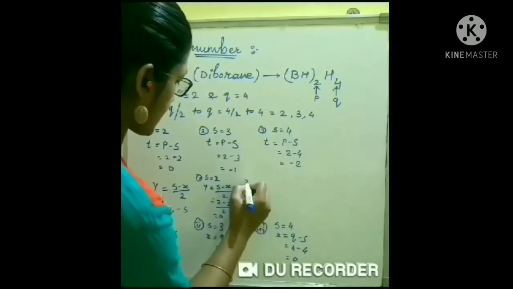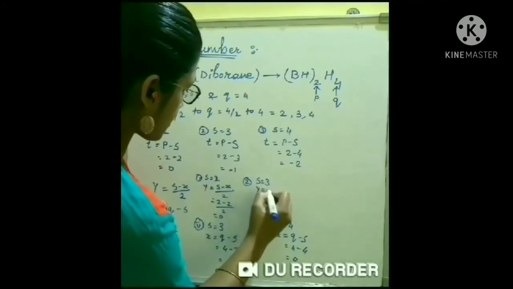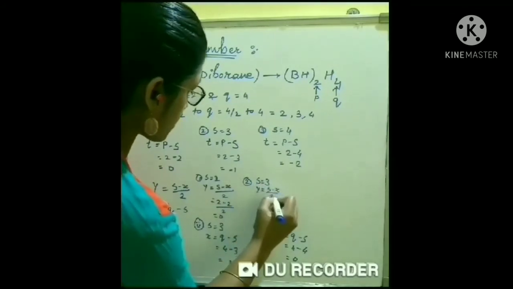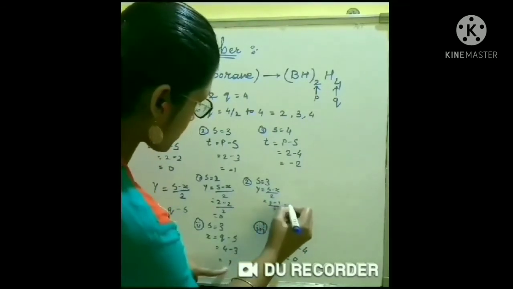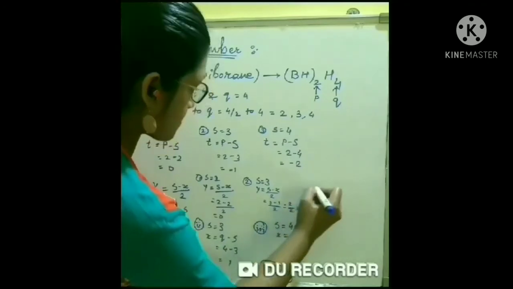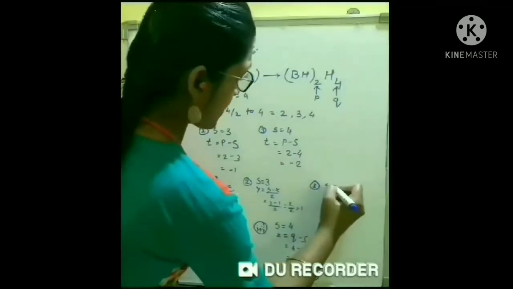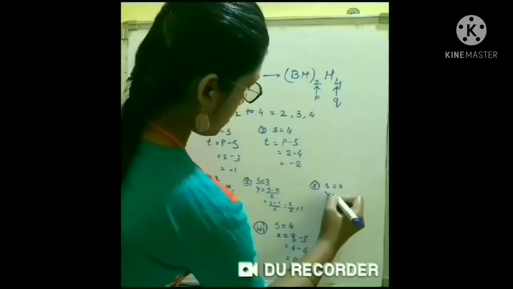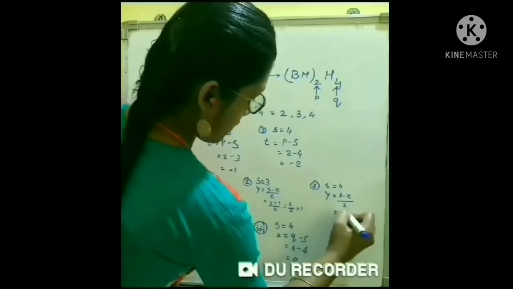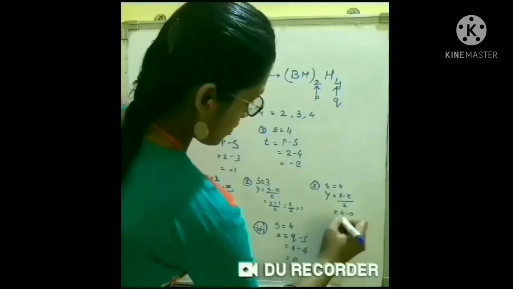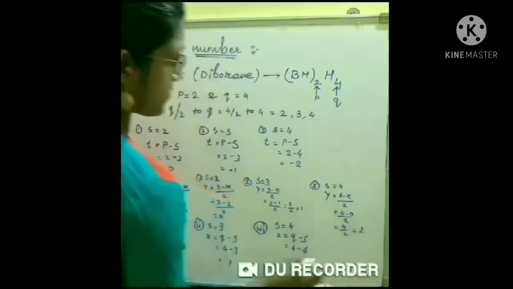Then second, S is equal to 3. Therefore Y is S minus X upon 2, that is 3 minus 1 upon 2, 2 upon 2, 1. Then third, the value of S is 4. So Y is 4 minus 0 upon 2, and the answer will be 2.